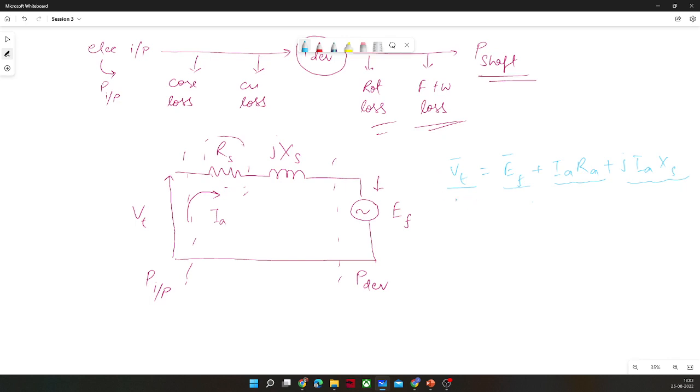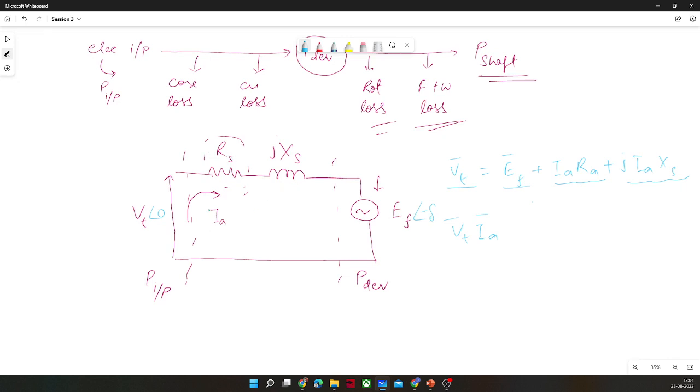Now, I am writing in terms of phasors because there would be some angle. I forgot to write the angle here. Let us take terminal voltage at 0. Then Ef would be lagging by some angle delta.